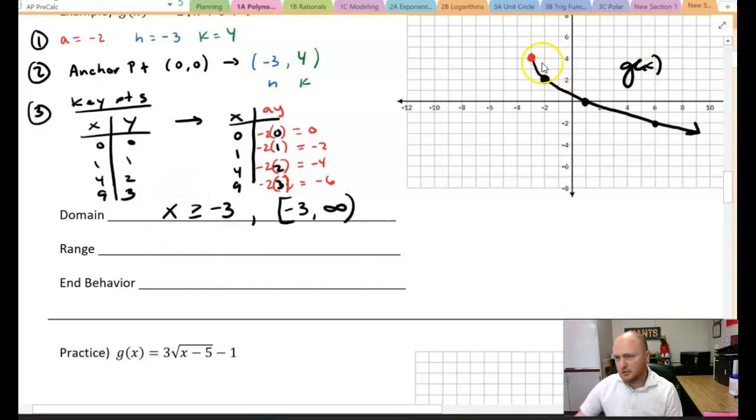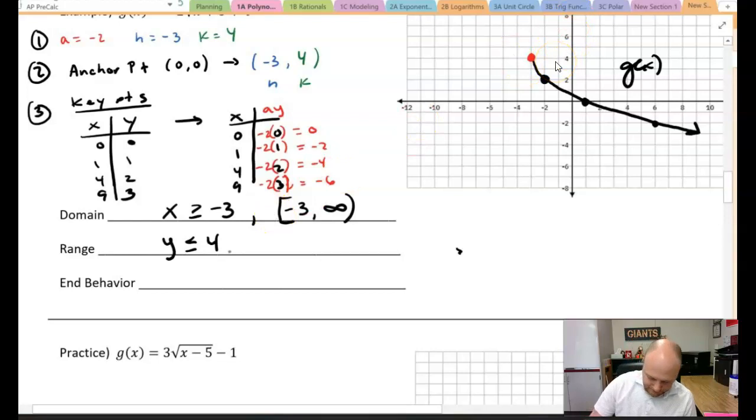The range, my y values, notice 4 is the maximum. So my y value must be less than or equal to 4, and I'm including that endpoint because I have a point there. And so that's going to be -infinity to 4.